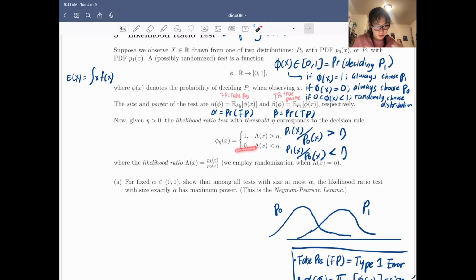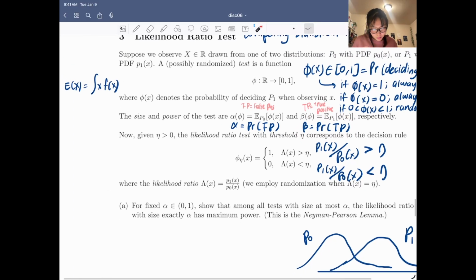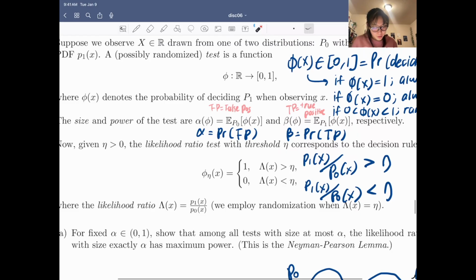Otherwise, the probability of deciding P1 is 0. And we want to show that the likelihood ratio test has maximum power. Power is this, right? So the likelihood ratio test with size exactly alpha maximizes the probability of true positives, maximizes power, maximizes this beta.